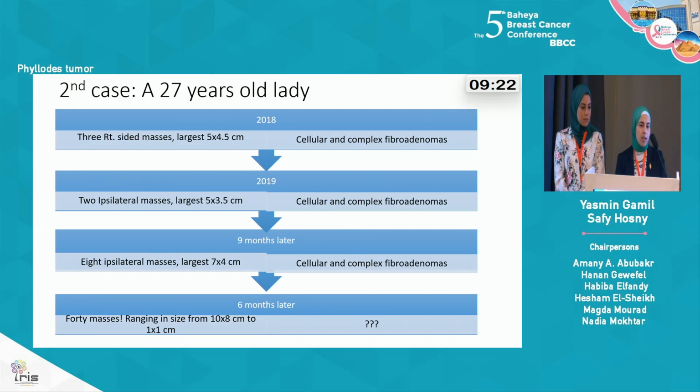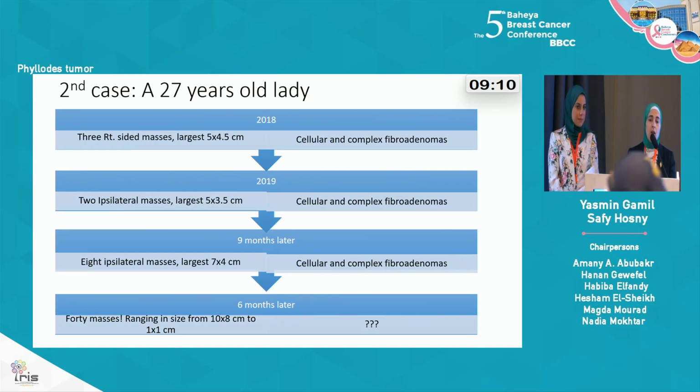Our next case is a rather complex case. It is a young lady, 27 years old. She first presented to Bahia in 2018 with 3 right-sided masses. Then 1 year later, she presented with 2 other ipsilateral masses. 9 months later, 8 other ipsilateral masses.